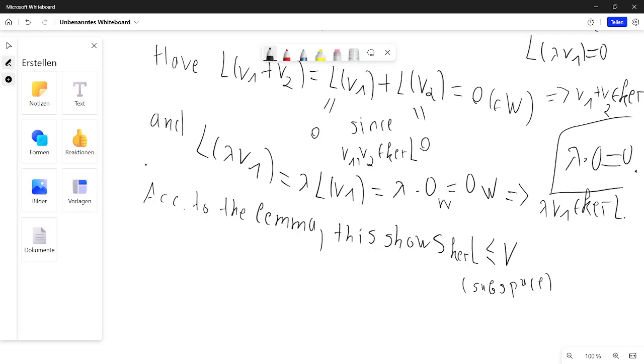That shows that, and this is the first part of the proof.